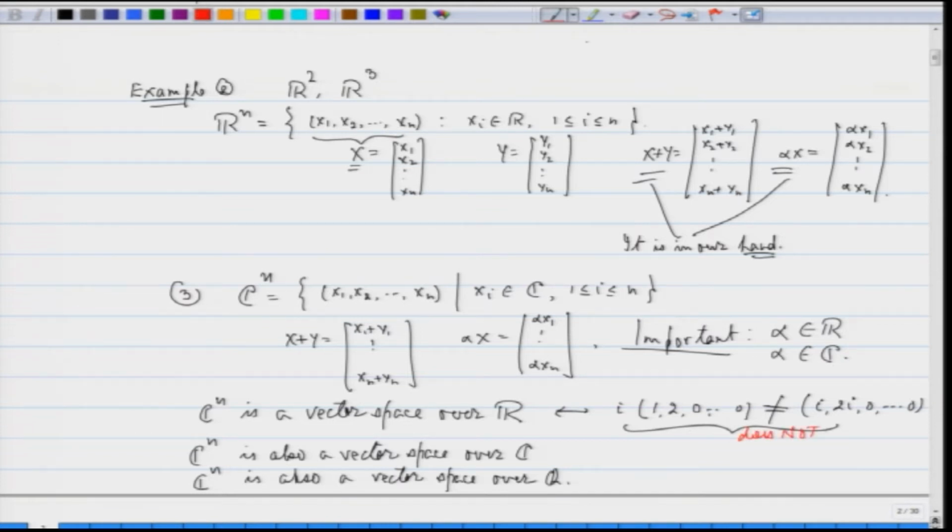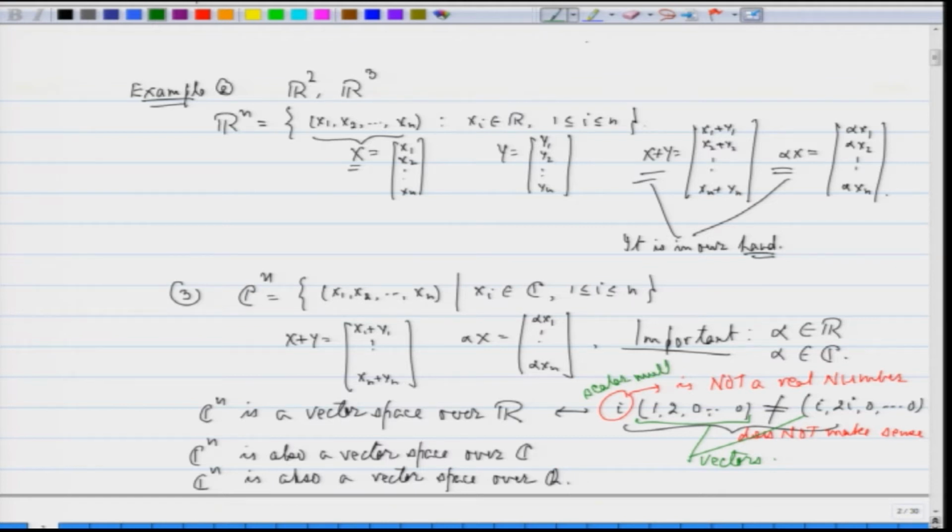Why does it not make sense? Basically because i is not a real number. Right. As vectors, this is a vector, this is a vector, these two are vectors, they are fine, but this scalar multiplication is not allowed.